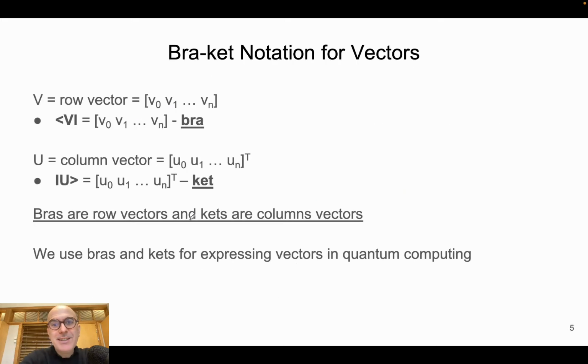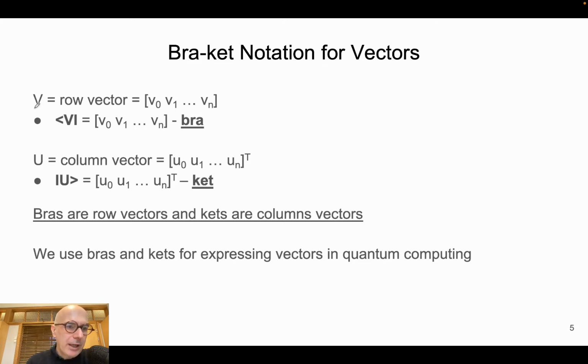A very important slide for this course is the way that we are going to express our vectors in quantum computing. In order to express our vectors, whether row or column vectors, we are going to use the so-called bra-ket notation, or bracket in short. This is nothing difficult.